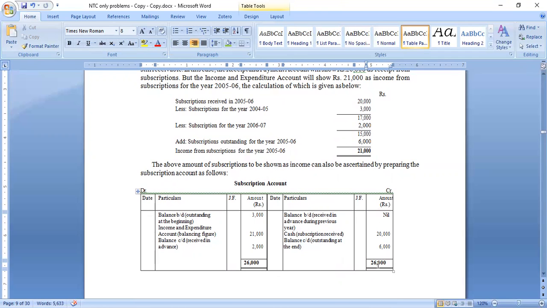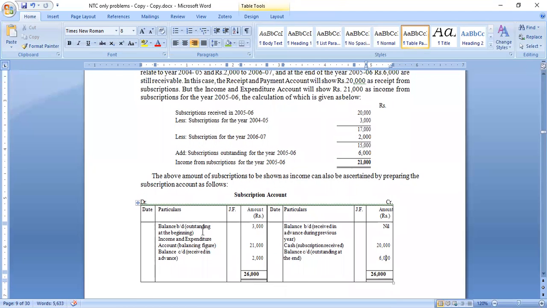Out of 26,000, we have to deduct the amounts that belong to the previous year and the future year. 3,000 belongs to the previous year, which is why we mention it on the debit side.